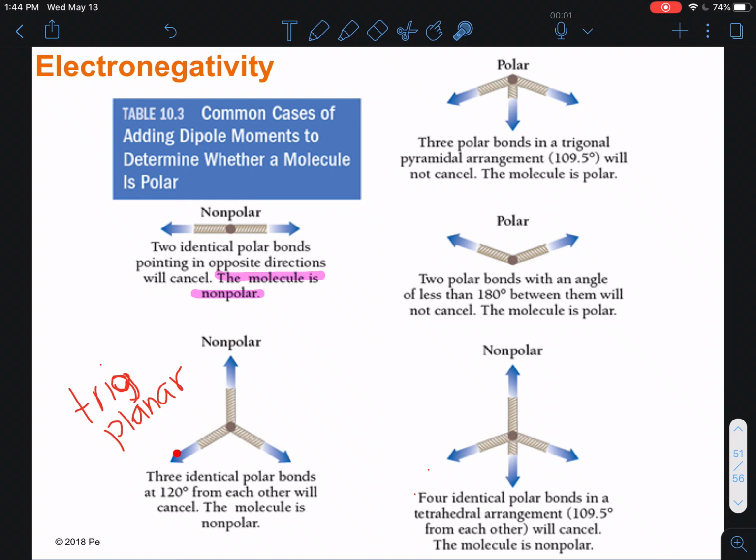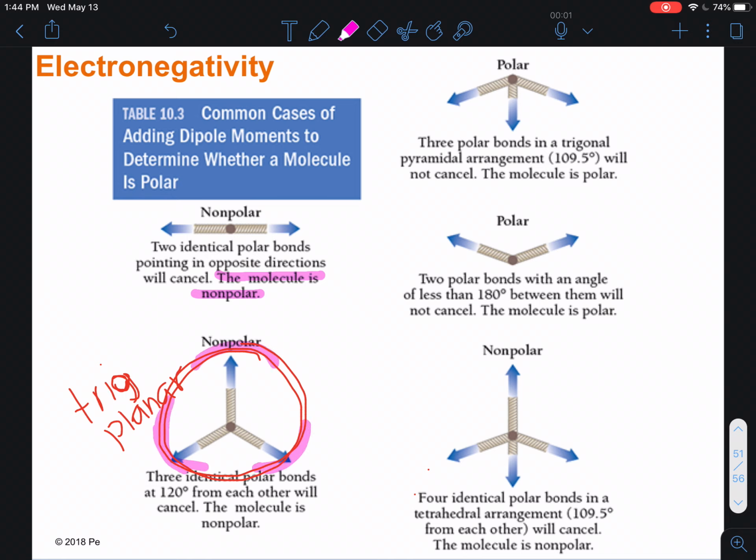Even though it's made up of polar bonds, if these bonds are all equal in polarity, and we were to add up these vectors, this entire molecule as a whole does not have an unequal distribution of electron density, because we have a polar bond here, here, and here.